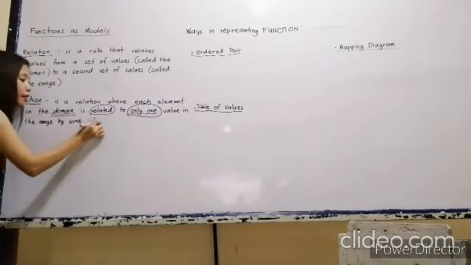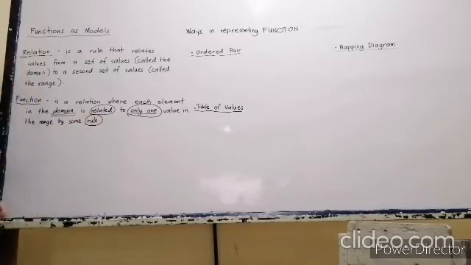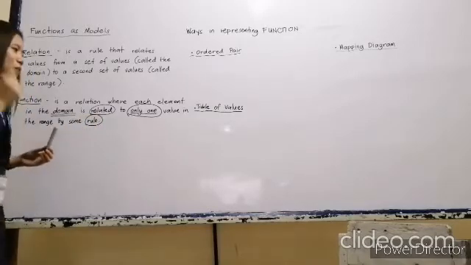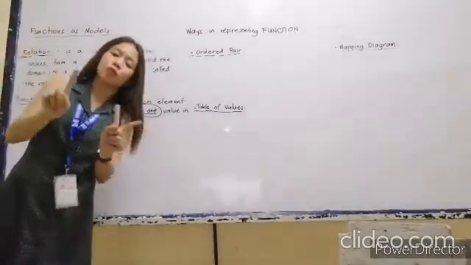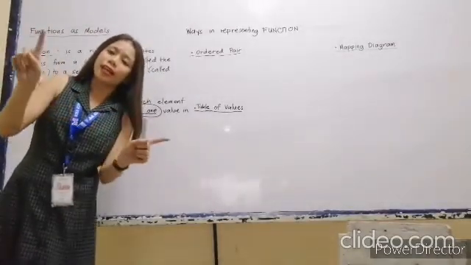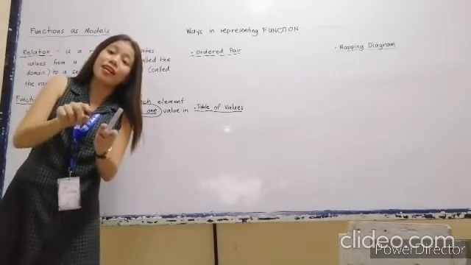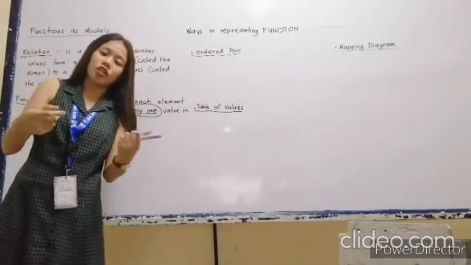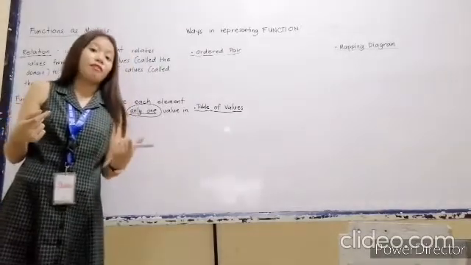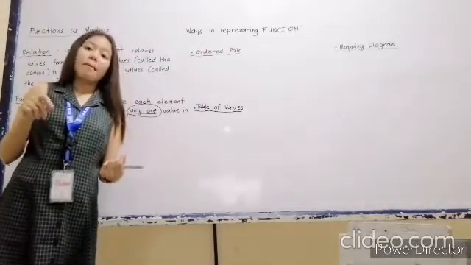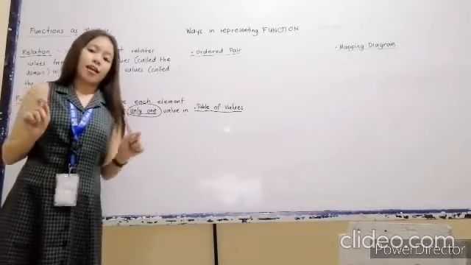I told you that when we say domain, it is an input represented by the variable x. We're going to consider a particular rule here. Again, a function is a relation because it is the connection between two values, specifically the domain and the range, the input and the output, the independent and the dependent variable, represented by x and y.